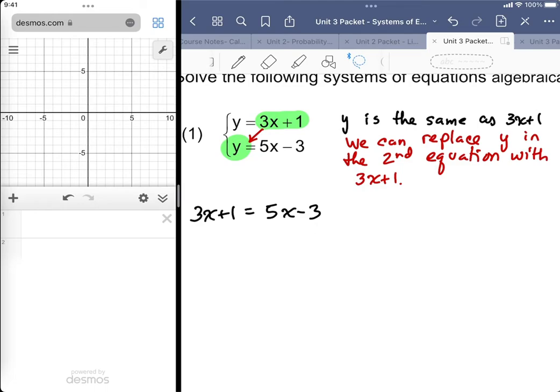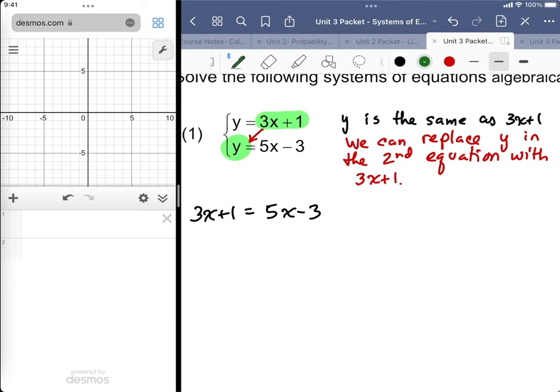Just by making that substitution, I went from having 2 equations with 2 variables to a single equation with only 1 variable, that variable being x. So now I would solve for x. It's an equation, so use properties of equality to get the job done.